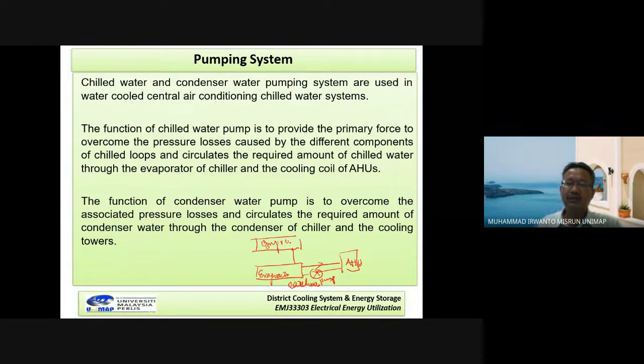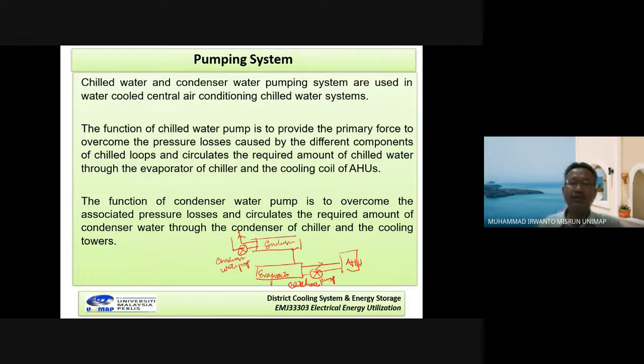The compressor will flow through the water and goes to the cooling tower. And then it goes back through this water pump. This water pump can be called the condenser water pump.